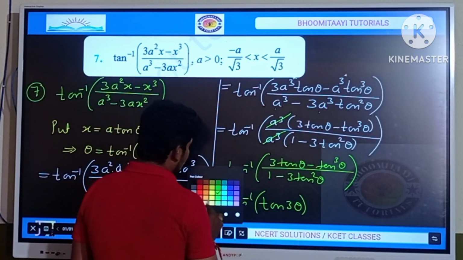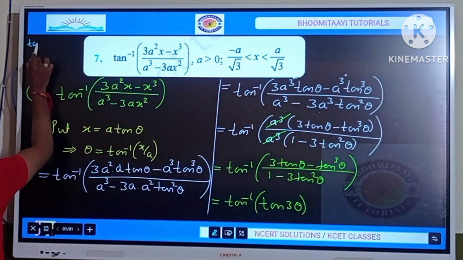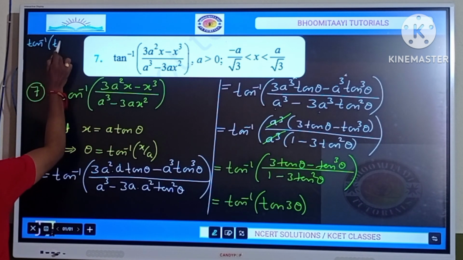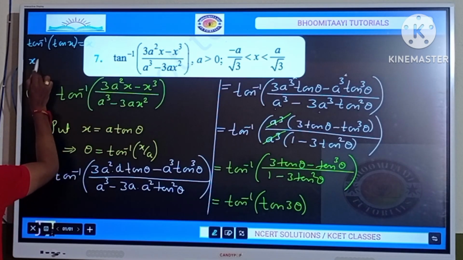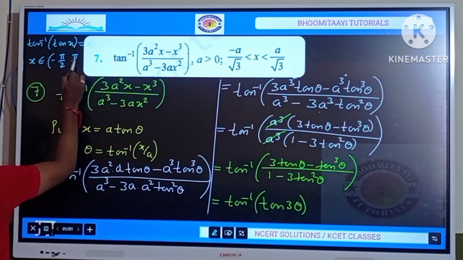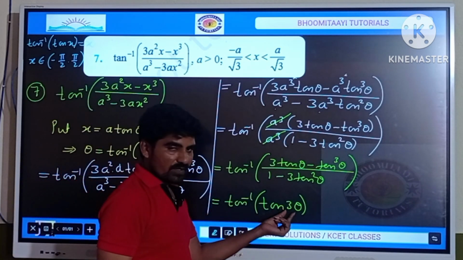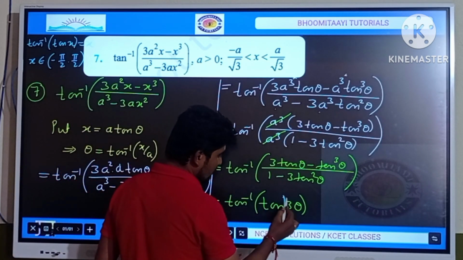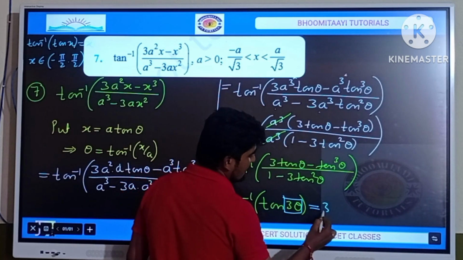So now this is of the form tan inverse of tan x, and it is equal to x for x belongs to the open interval minus pi by 2 to plus pi by 2. Here x is equal to 3 theta. Therefore tan inverse of tan 3 theta is 3 theta.